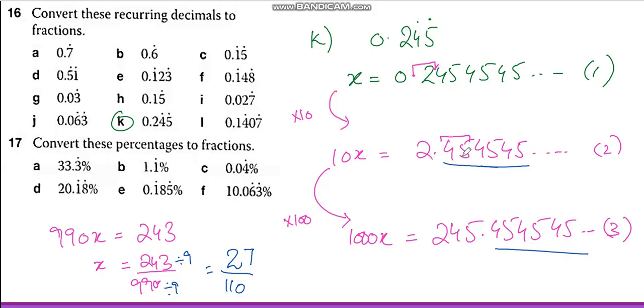Here 45 was being repeated, so we multiplied both sides by 100 because it was making the same decimal parts in both equations, equation 2 and equation 3. Then you can subtract to get your answer. You subtract the left sides, so you get 990, and if you subtract the right sides, you get 243. Now we will do L part.